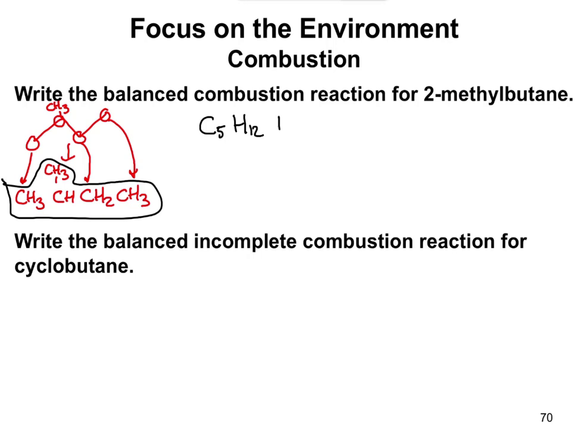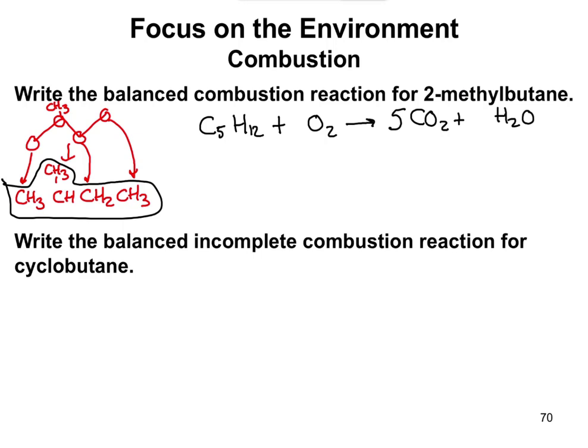So 5 times 2 is 10, add 2 more, it gets you to H12. Now that you know the formula, we can write the equation. It reacts with oxygen to form CO2 plus H2O. Now to balance this, whenever you're doing a combustion reaction, in general it doesn't matter how you balance equations, but for combustion reactions I tend to do it the same way all the time, which is to balance the carbons first. So now we have 5 and 5.